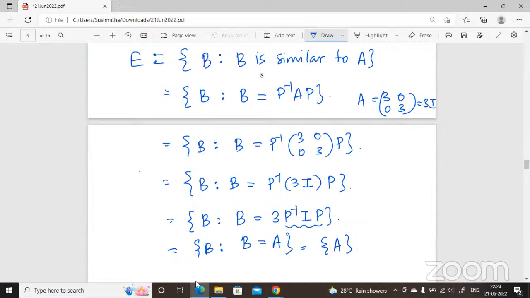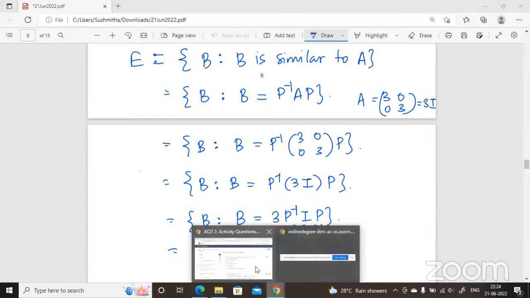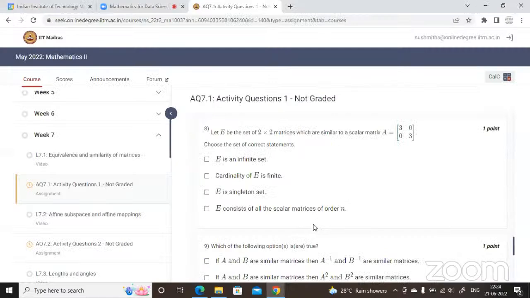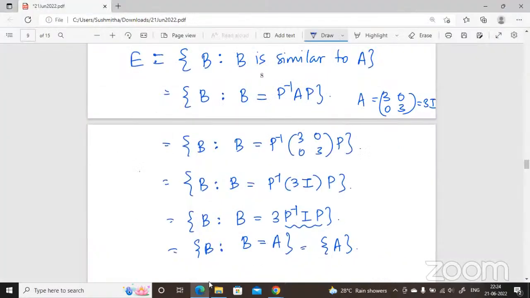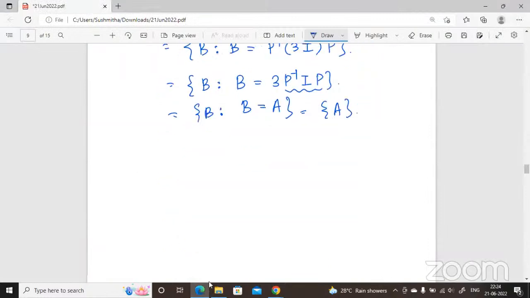So in this question, if there is any other matrix with elements a, b, c, d, would we also have the same answer, a singleton set? Suppose... No. Why?